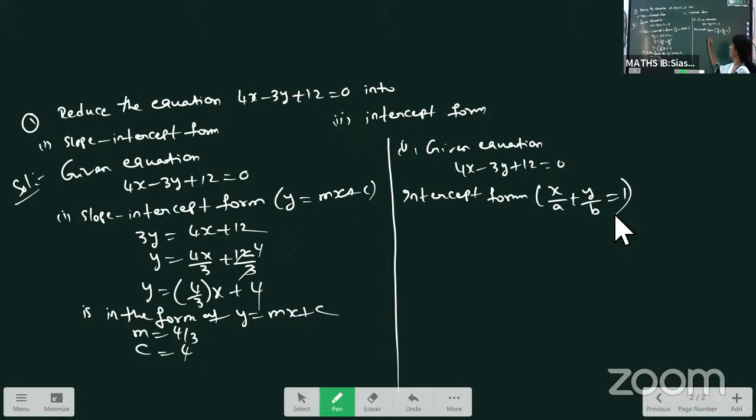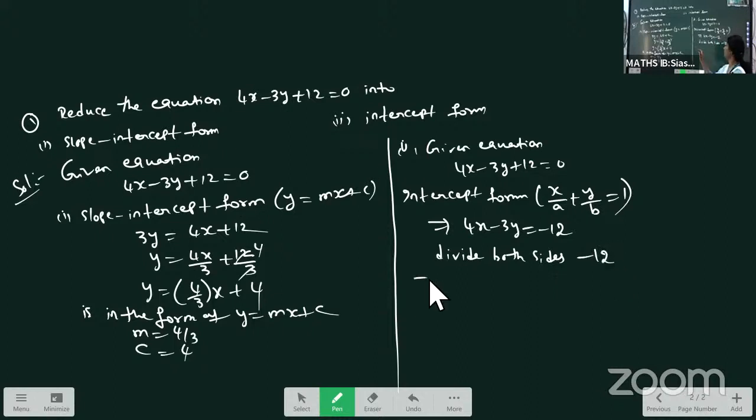In the given equation, take the constant to the right side, that is minus 12. Now divide both sides by that constant, minus 12. So 4x by minus 12 minus 3y by minus 12 is equal to minus 12 by minus 12.